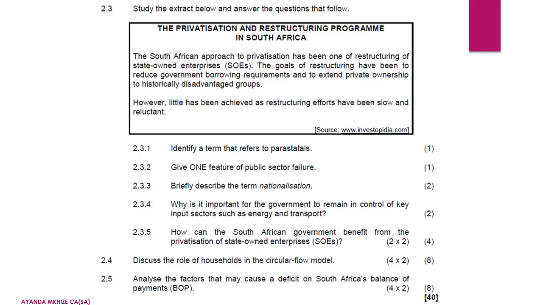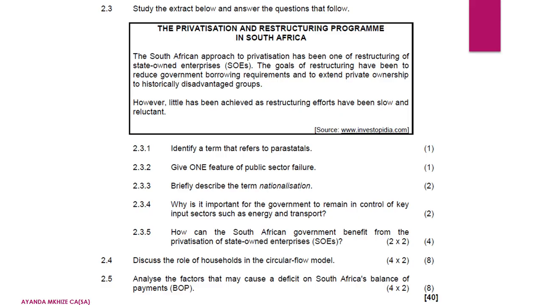Now, I want you to understand what state-owned entities are. State-owned entities are entities that are either fully owned by government or majority owned by government. An example is Eskom, the electricity provider.